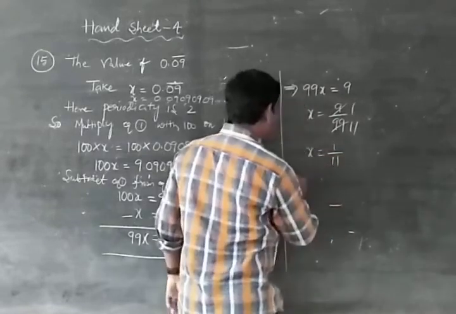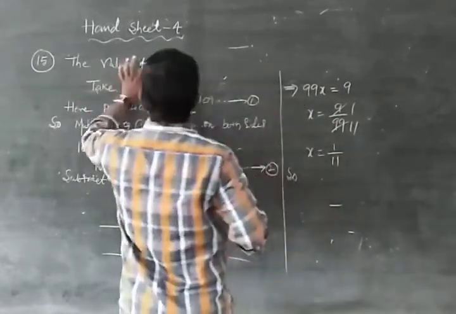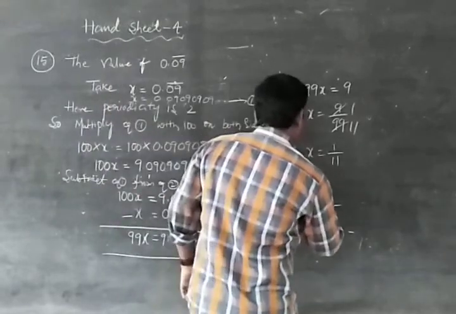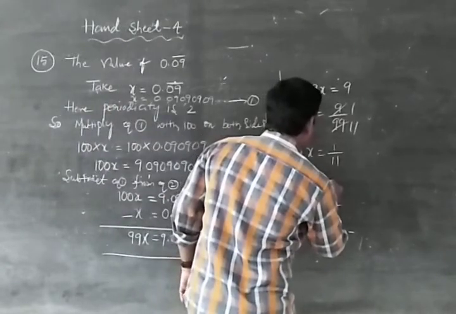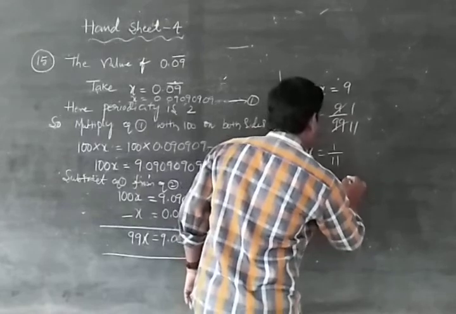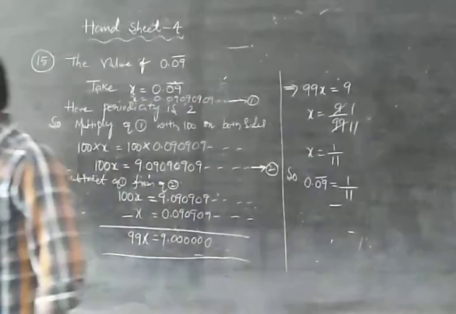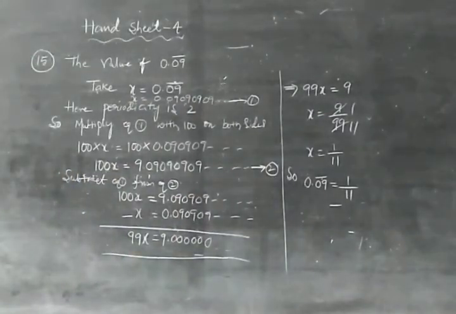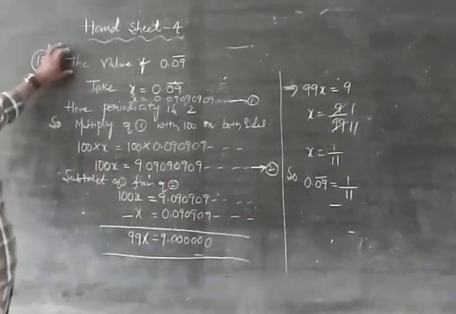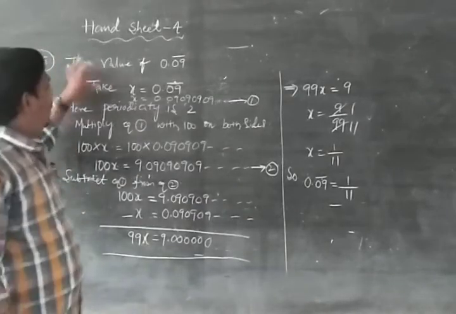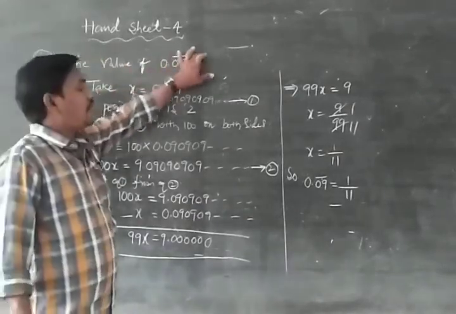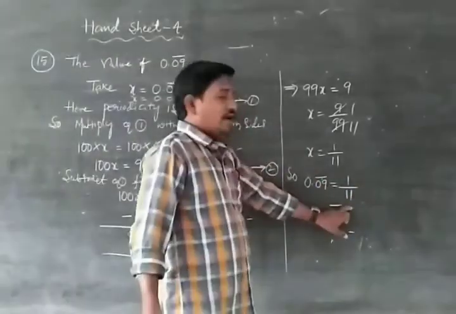So the value of 0.09 bar equals 1 by 11. Understand? The value of 0.09 bar means 1 by 11.